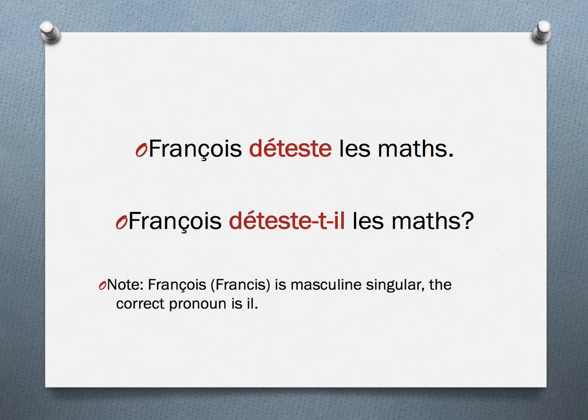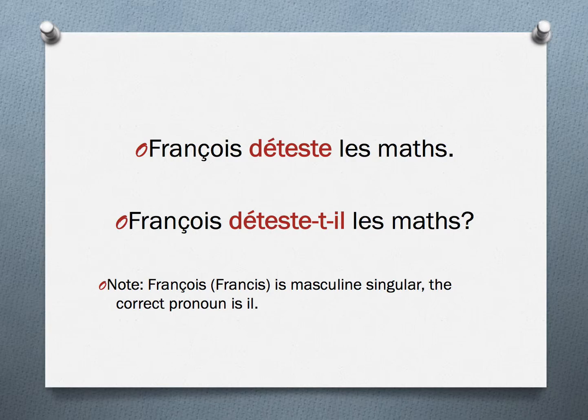Voilà. François déteste les maths. Francis hates math. Question. François déteste-t-il les maths? So this statement opens with a noun, François. I'll open the question with the noun. François déteste-t-il les maths?